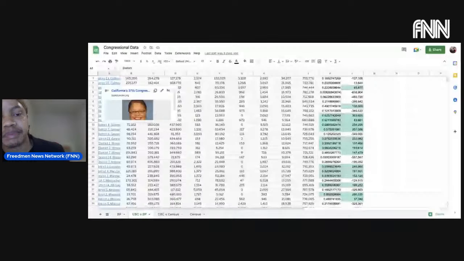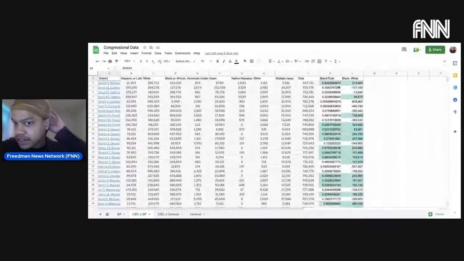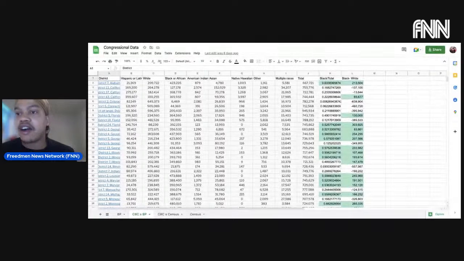And then what I looked at is what is our percentage for each seat in the Congressional Black Caucus? What's the percent of Black people in the district of the current 60 people in elected office? And then how many districts have more Black people than white people in that district?